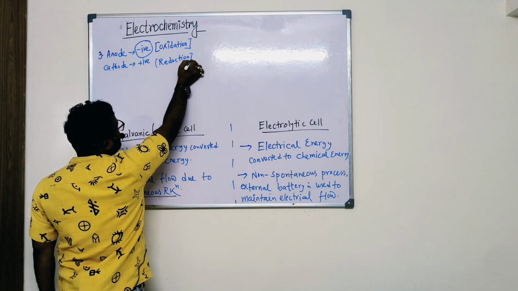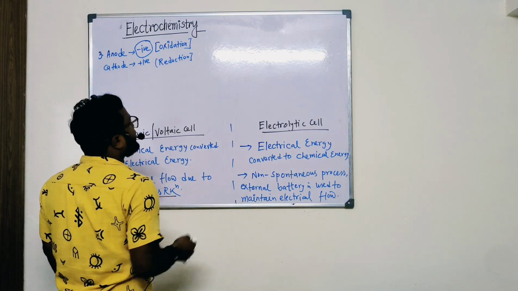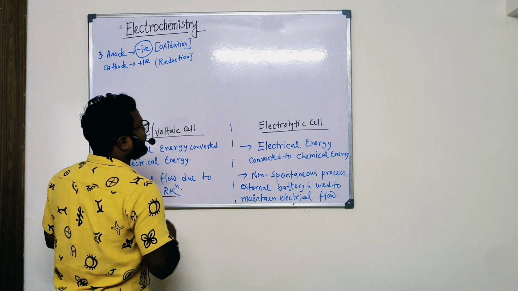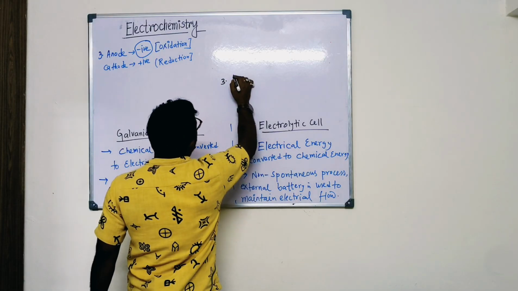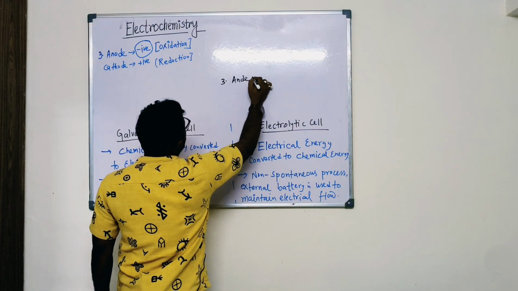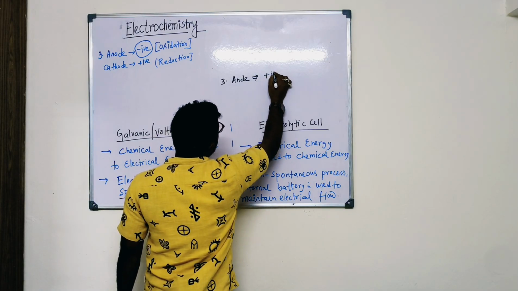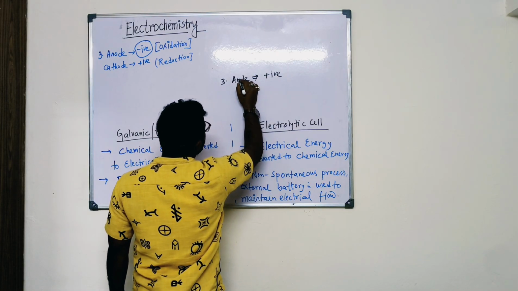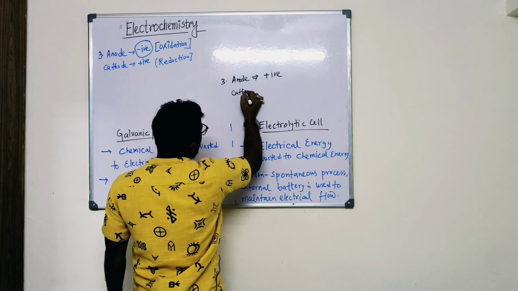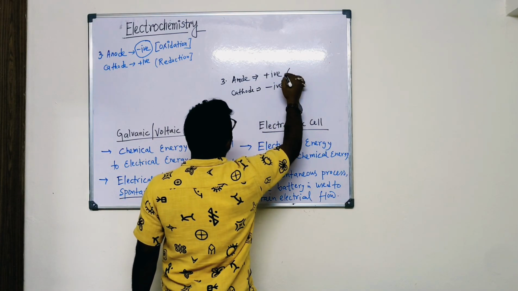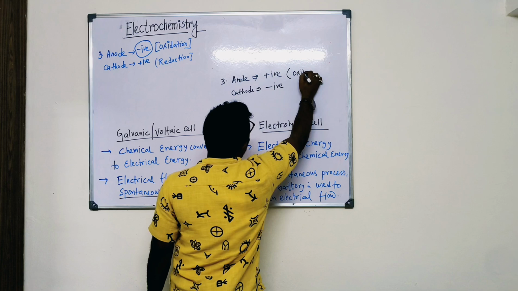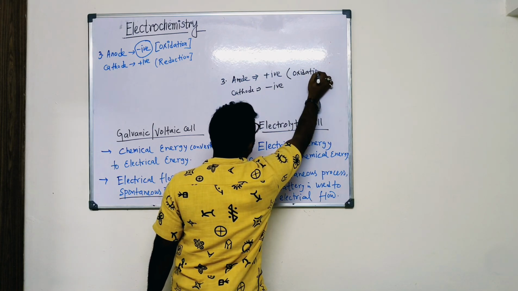It never changes. Whenever we are taking the electrolytic cell, anode is positive and cathode is negative. But in case of anode, oxidation will happen, there is no reduction.